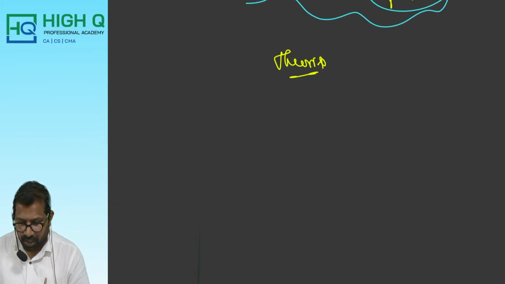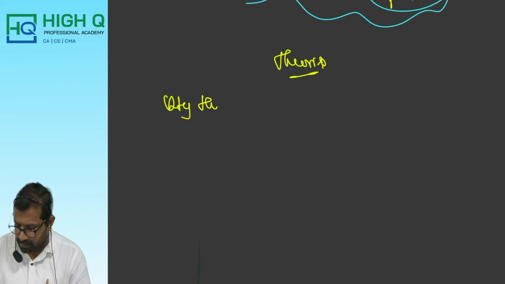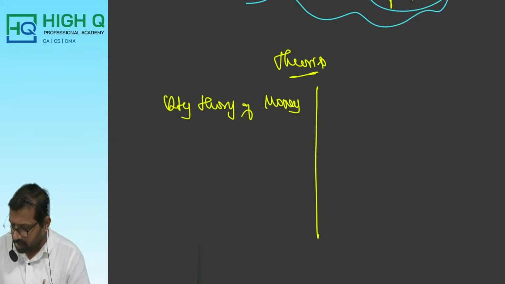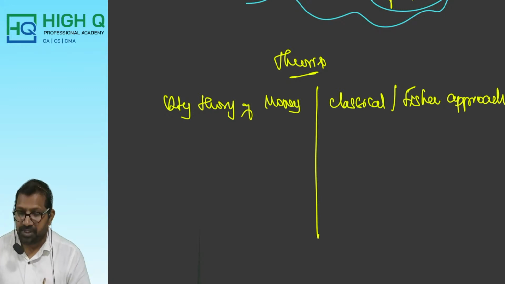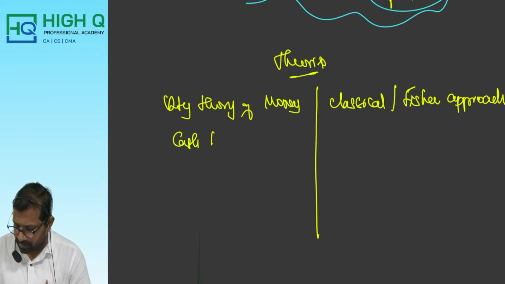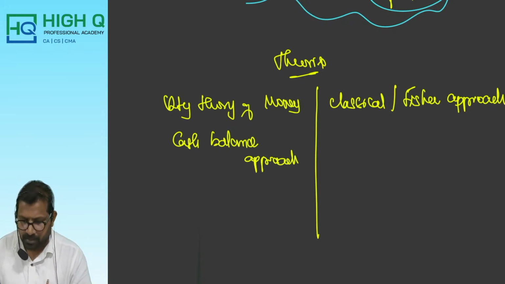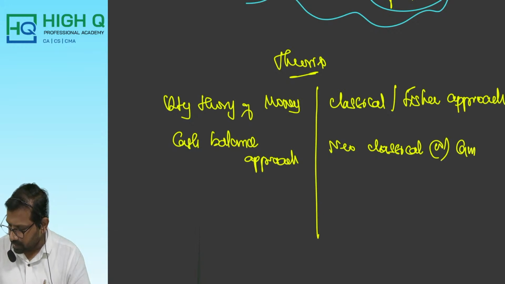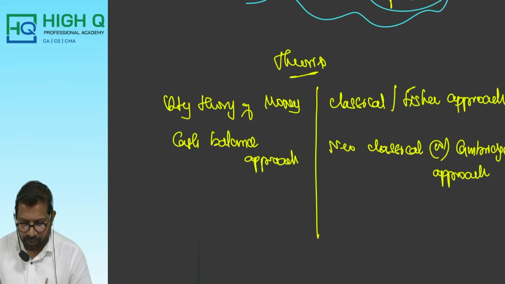Here you will expect some questions in your examinations. Point number 1, quantity theory of money. What approach? Quantity theory of money: classical or Fisher approach. Then cash balance approach, for this neoclassical or Cambridge approach.